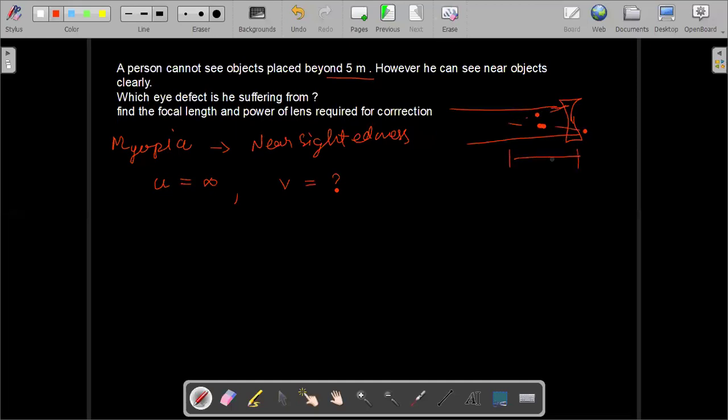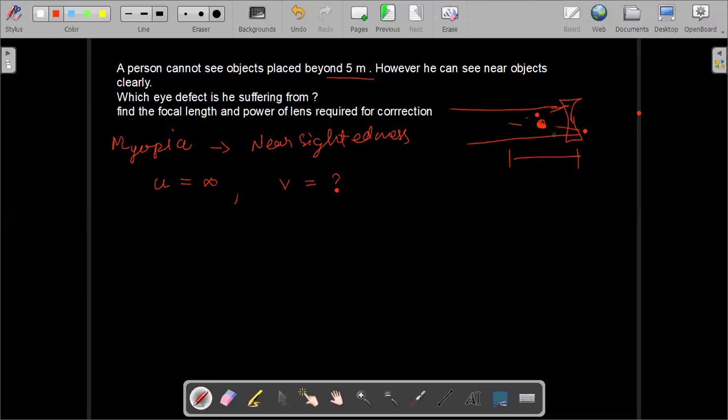It should not go beyond 5. If the image is formed within 5 meters, then our eye lens will form its image on the retina. This lens is making an image of the object which will be observable to our eye lens. So that image will act as an object for the eye lens.